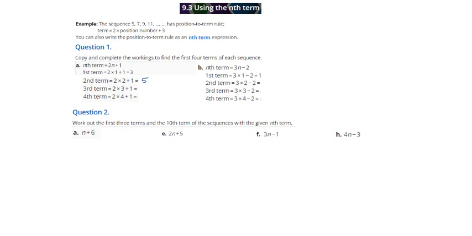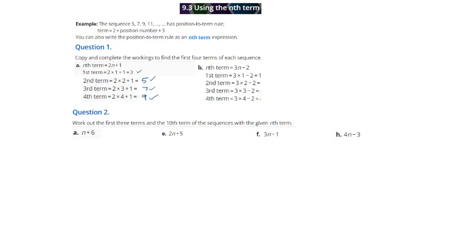In third term, the answer is 2 times 3 plus 1 is 7. And the answer for the fourth term is 9. So the terms of the sequence are 3, 5, 7, 9.